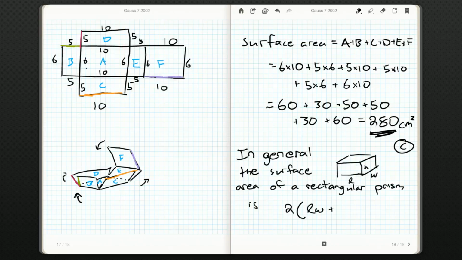So length times width plus width times height plus length times height. Okay?